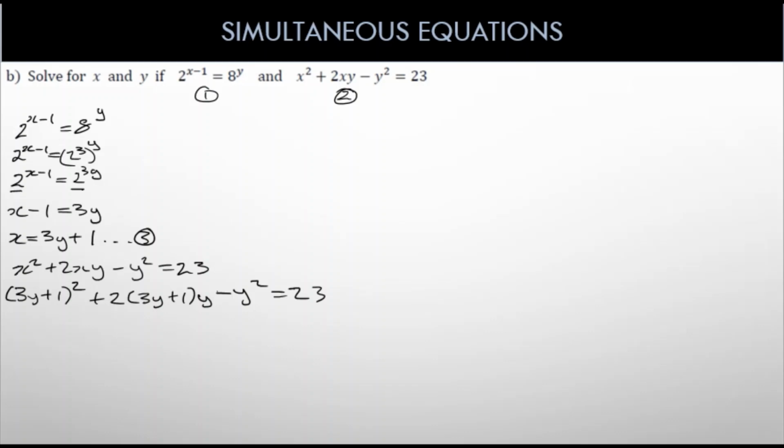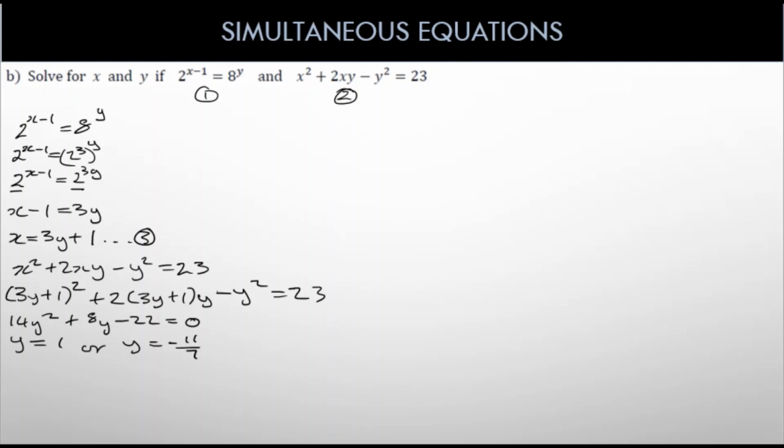Once we have collected like terms, we'll get that 14y squared plus 8y minus 22 is equal to 0, and that would be our standard form. And if we substitute into our quadratic equation, we get that y is equal to 1, or y is equal to negative 11 over 7.